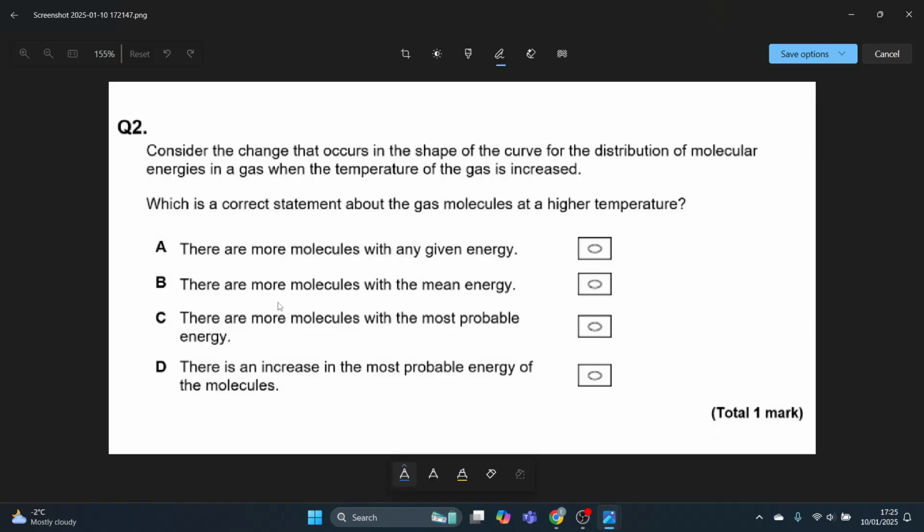Which one is it? Well, there will obviously be an increase in the most probable energy of the molecules. So the answer is D.